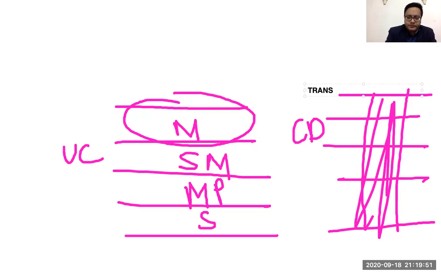Transmural inflammation, which means that the inflammation is extended from mucosa, this is the mucosa, to serosa, the whole thickness, all the 4 layers. And basically, if you break this term transmural, what does it mean? Trans means through. Like you can say there is a transatlantic flight.